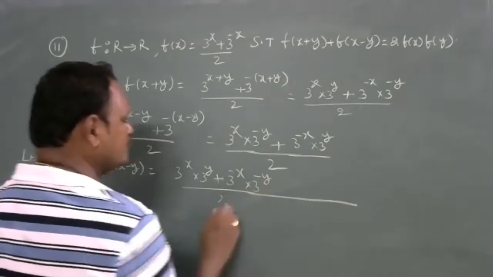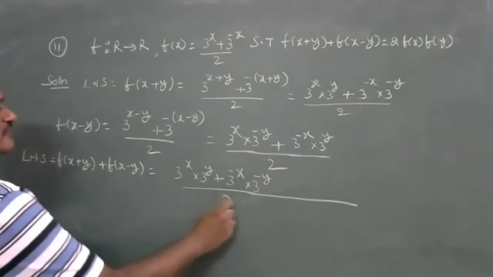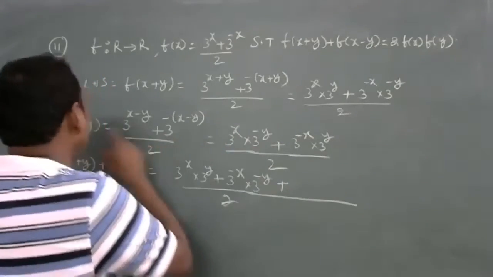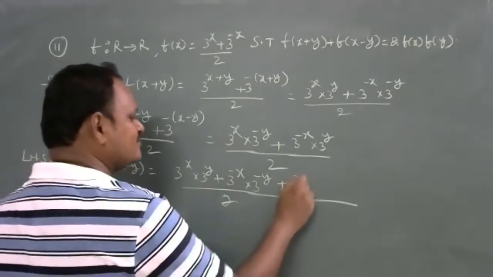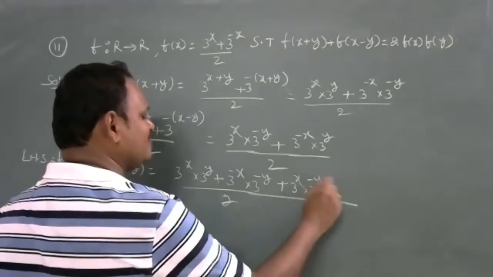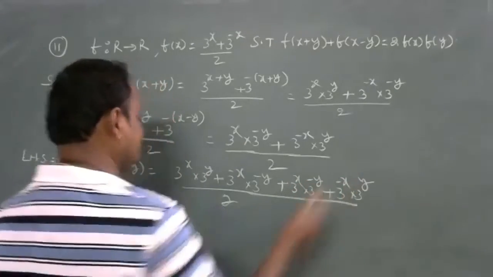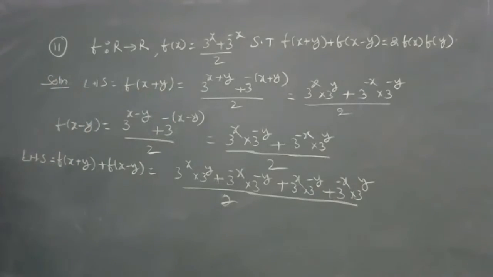Since 2 is the common denominator for all these things, we can write 2 commonly like this. And here this is f(x - y): 3^x into 3^(-y) plus 3^(-x) into 3^y. This is what the left hand side is, my dear students.